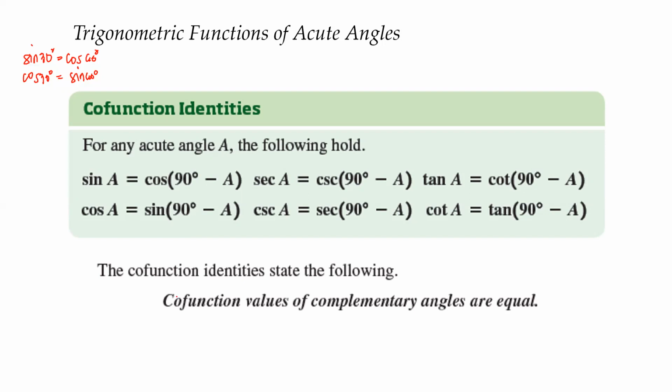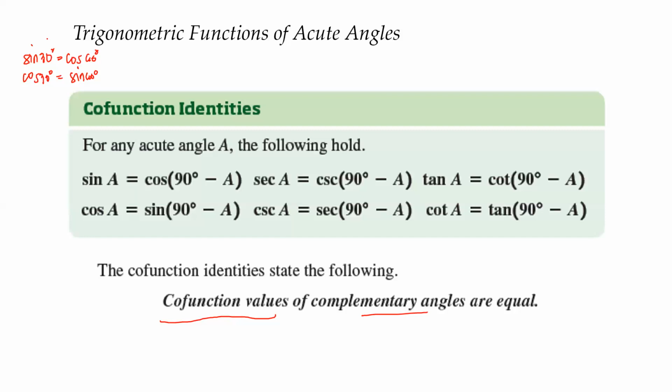Again, cofunction values. That doesn't mean the complementary angles are equal, but the values of the cofunctions are equal. Like sine 30, which is 0.5, and cosine 60 is also 0.5.